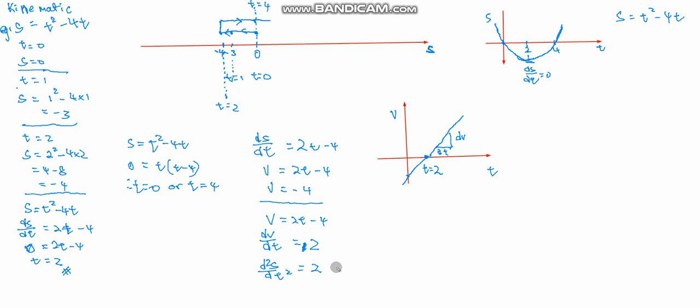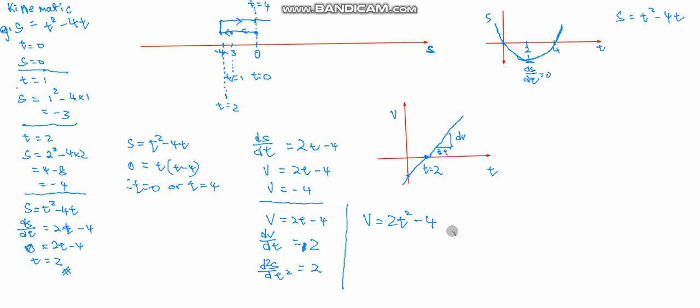Then if you plot v versus t, let's look at another case. v equal to 2t square minus 4, let's say.